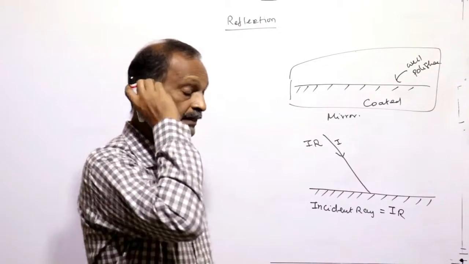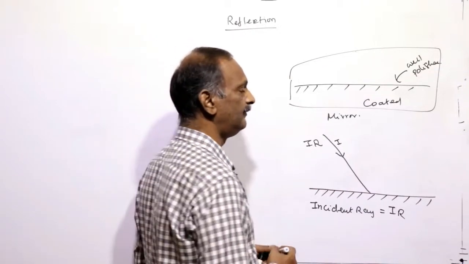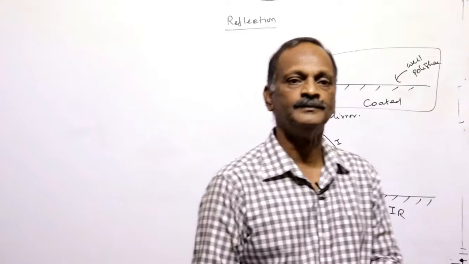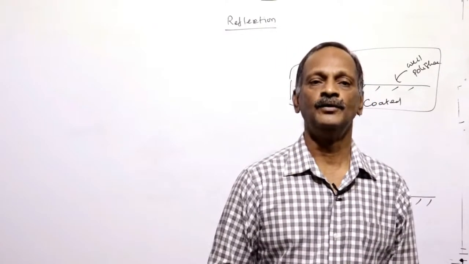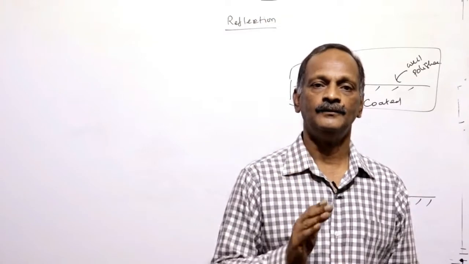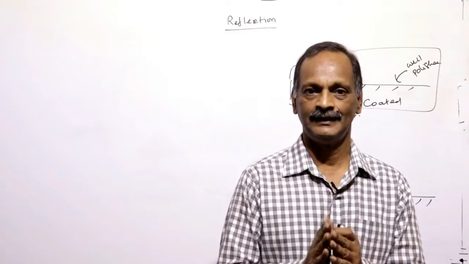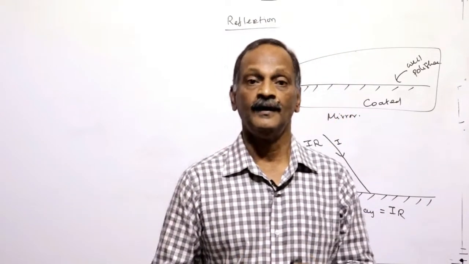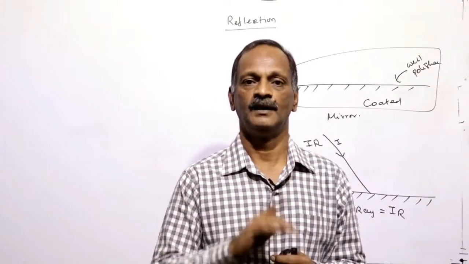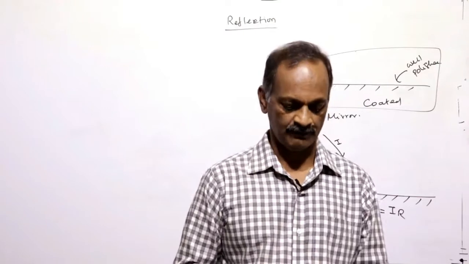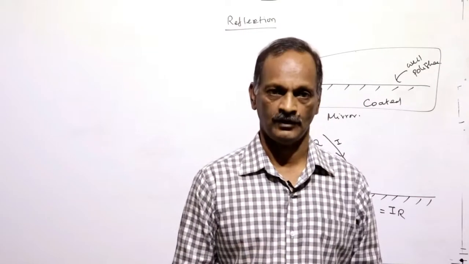The incident ray will always be reflected. How will we measure the angle? We will measure the angle for the incident ray as well as the reflected ray with respect to the normal. Always remember, the angle is always measured with respect to the normal.